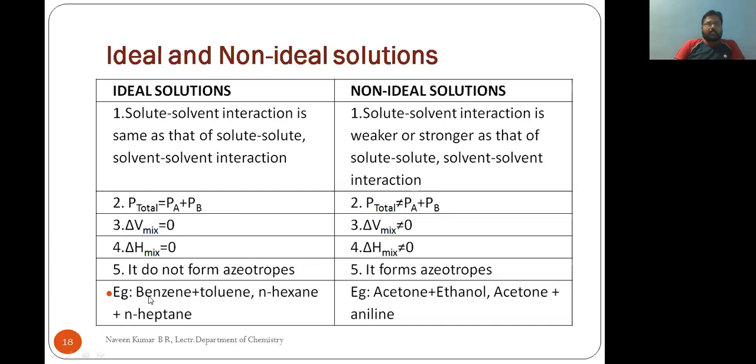There are a number of examples which show ideal behavior or show deviation. A few examples are listed here. The mixture of benzene and toluene, n-hexane and n-heptane, bromoethane and chloroethane. Similar examples, any examples you can take.